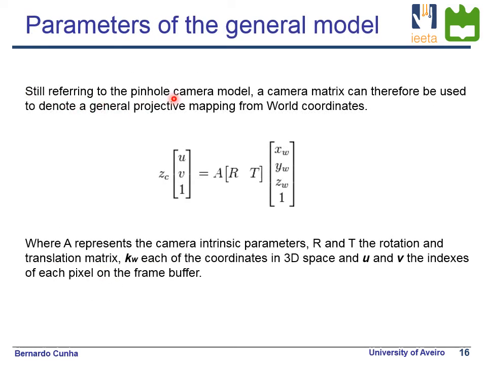Still referring back to the pinhole camera model, and knowing the rotation and translation geometric transformations that represent the position of a camera related to the world, and also A, which represents the camera intrinsic parameters, we can, based on any triplet representing a point in the world space, obtain exactly the pair UV, the pixels U and V on our sensor plane that would result from the observation of this world model point.